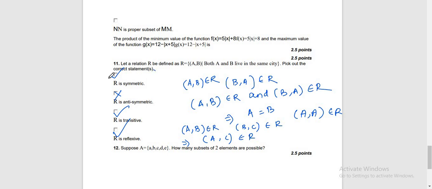Moving on, let us discuss question number 12. Suppose A has some elements. We have to find out how many subsets of two elements are possible. For this question, we have a formula with which you can find the number of subsets with a given cardinality. What does the cardinality of a set mean? The number of elements in a set.